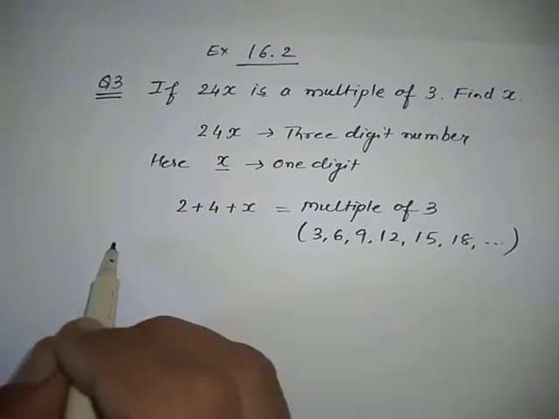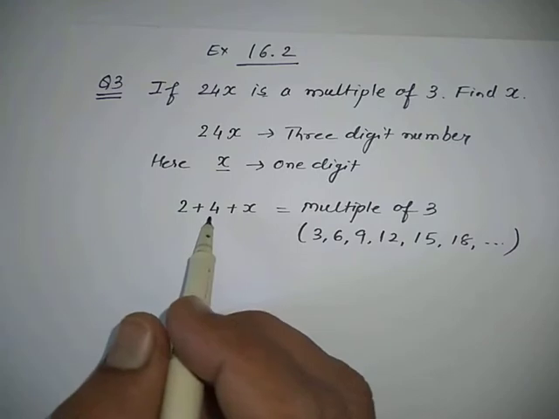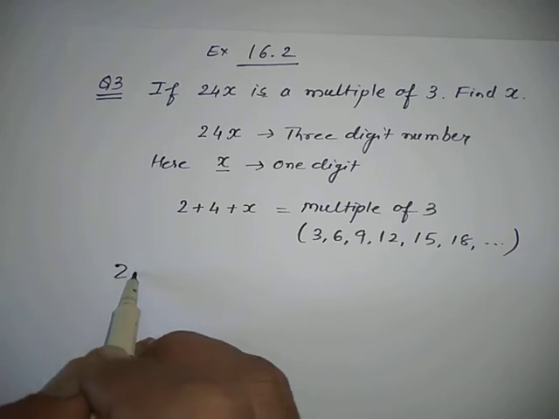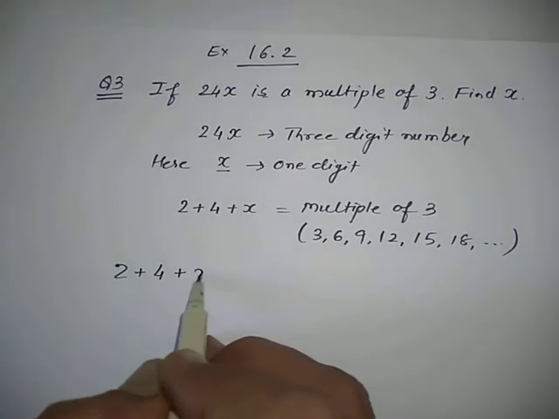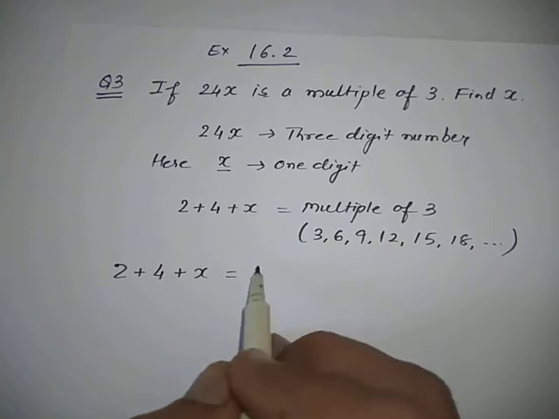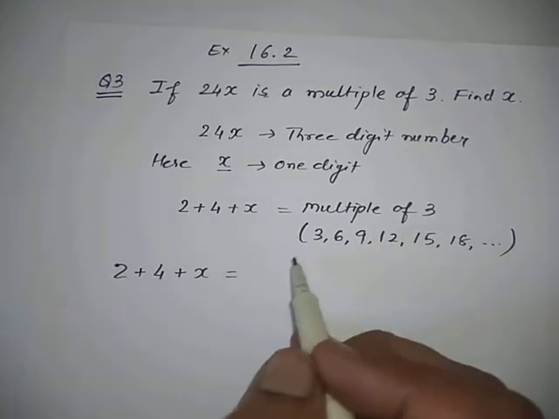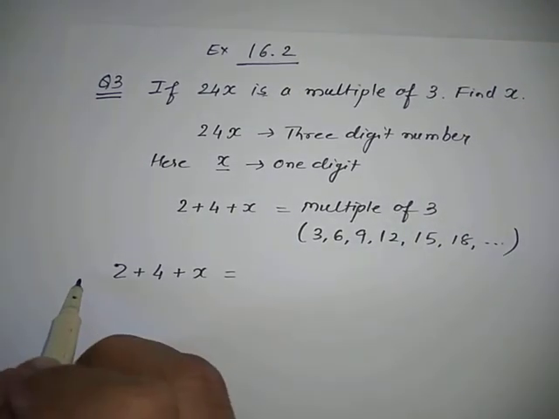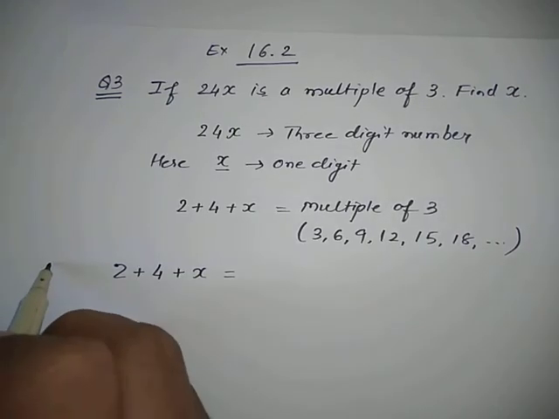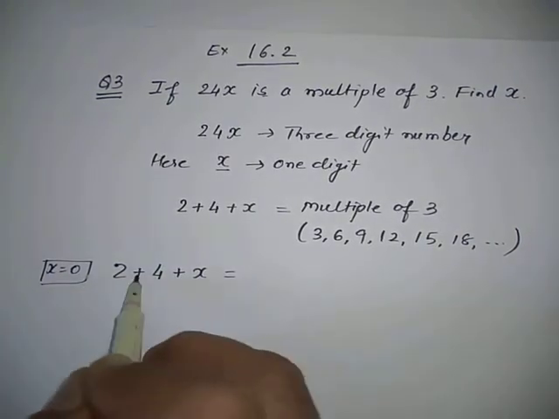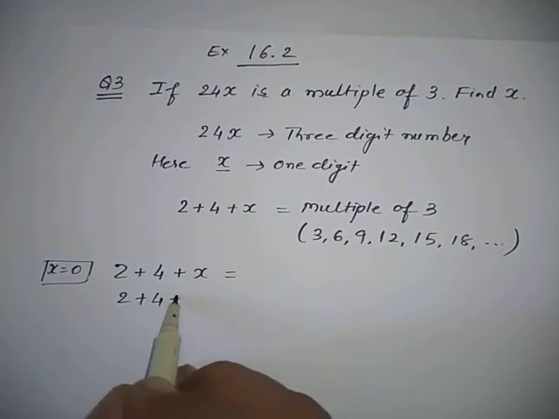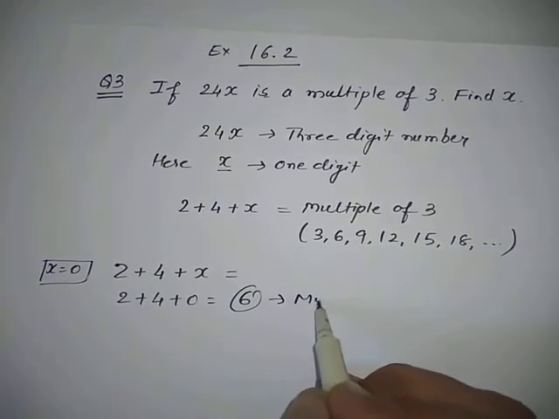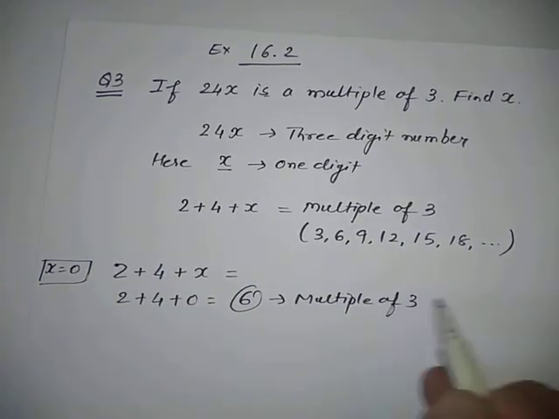Okay, so first we will take x is equal to 0 and check. 2 plus 4 plus x should be a multiple of 3. Suppose we take x is equal to 0. Then 2 plus 4 plus 0 gives us 6, and 6 is a multiple of 3. So possible?